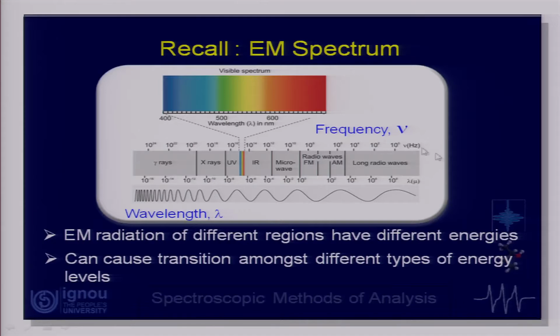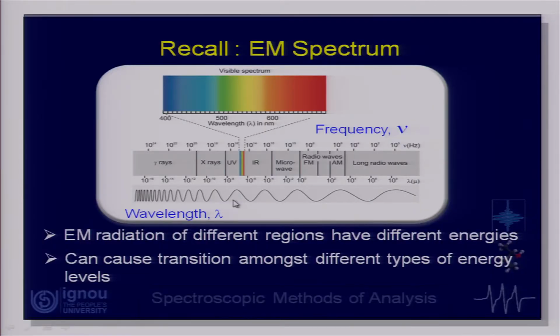Now, say I am taking radiation from the microwave region, the energy is a small amount, and it can only cause excitation into the rotational energy levels. It cannot really disturb the vibration or electronic energy levels of the molecules. Whereas if I come to radiation in the IR region, this has energy sufficient to cause vibrational transitions.